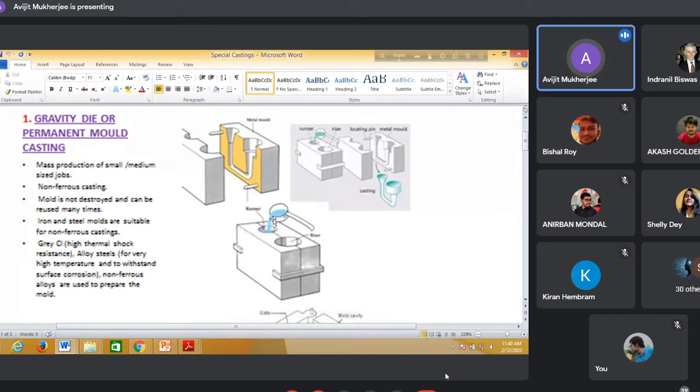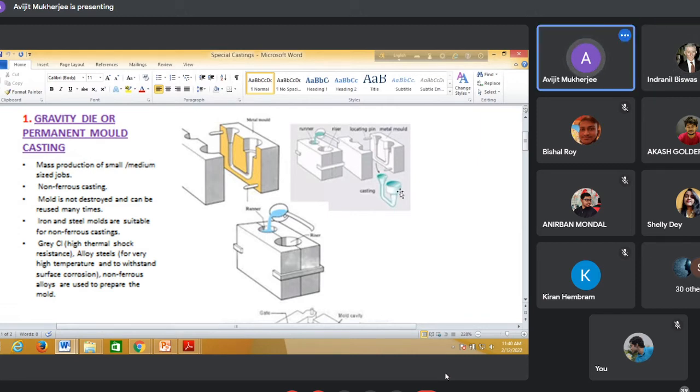You can pour molten metal. And this is the riser. That is the reservoir. So now you clip these two parts, pour molten metal. After solidification, separate these two halves, take out the part.